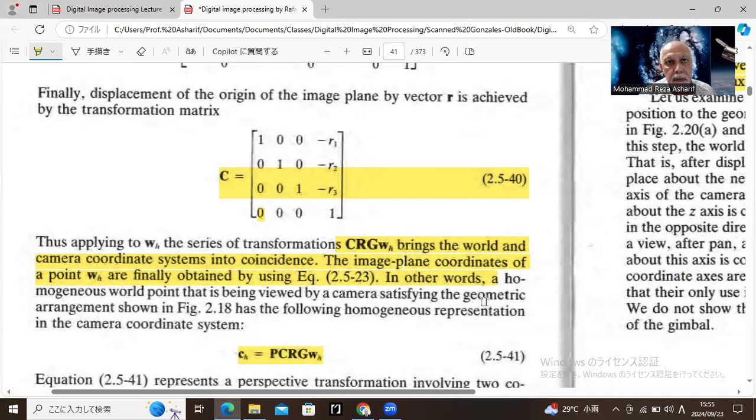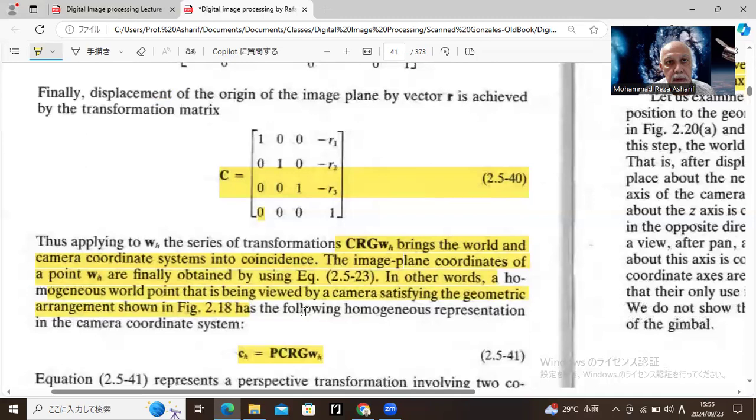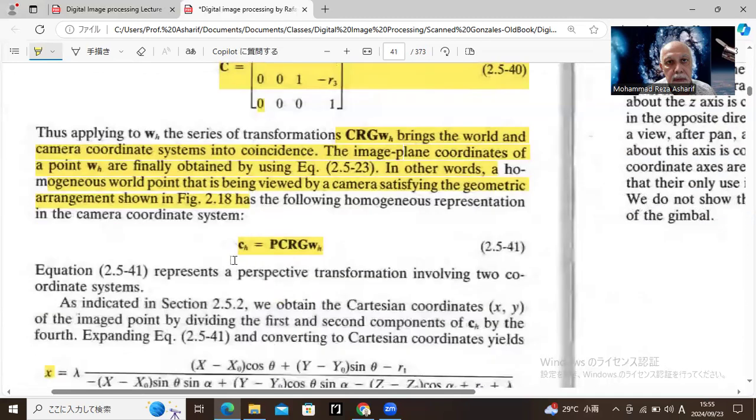Previously, I told you, in other words, the homogeneous fourth point being viewed by the camera satisfies the geometric arrangement in figure 2.18 that I showed you. So the image coordinate CH in homogeneous coordinates is P, perspective, C translation, R double rotation, G translation over WH, the world coordinates in homogeneous.